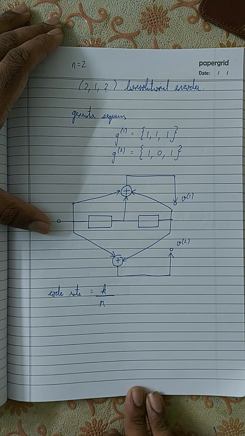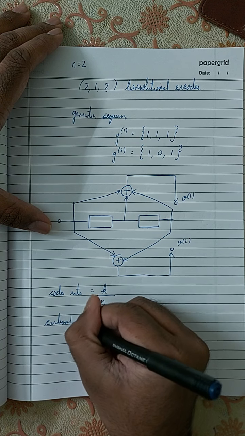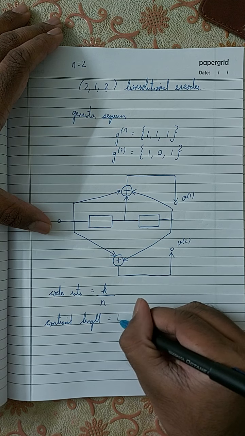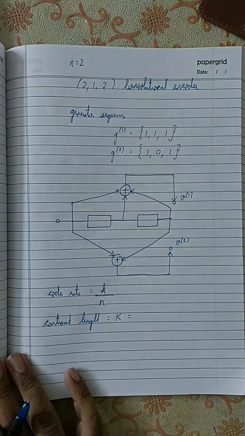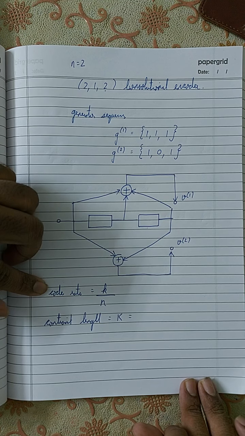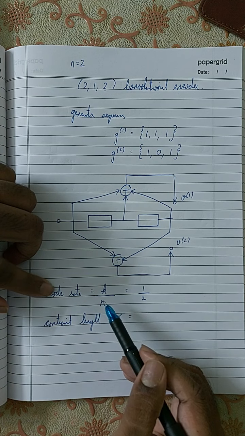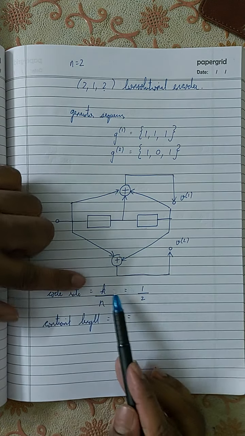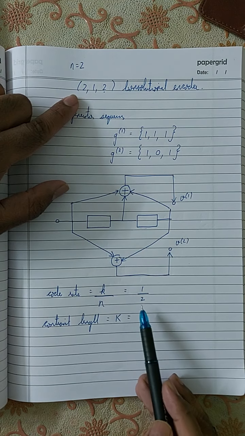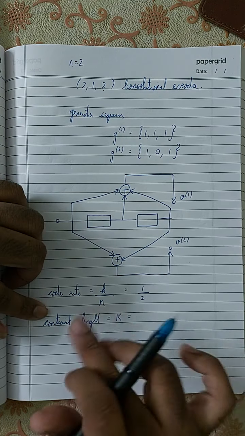Also there is another term called the constraint length, and here the constraint length is represented by a capital letter K. If you look over here, the code rate is nothing but 1 by 2, because the number of input message bits is 1 and the number of output bits is 2. The value of k is equal to 1 and the value of n is equal to 2. That's why this is called a 1 by 2 code rate.